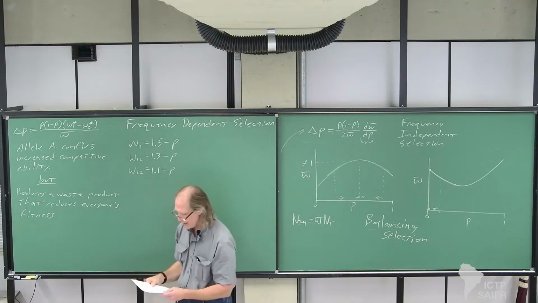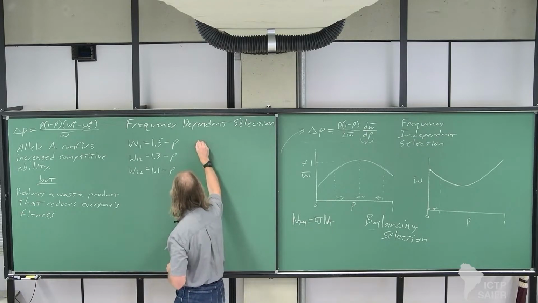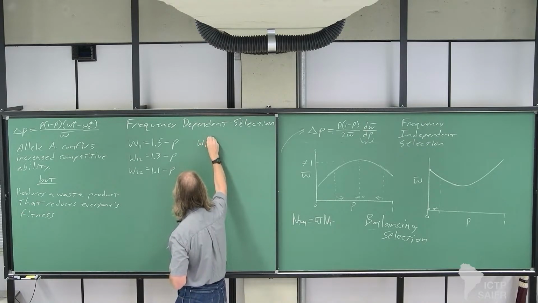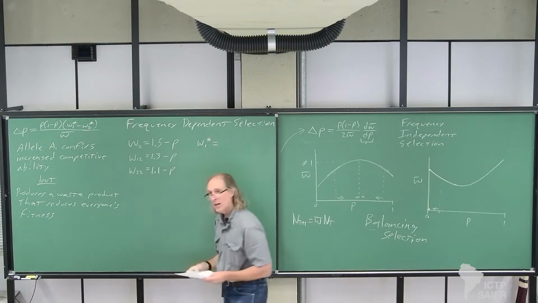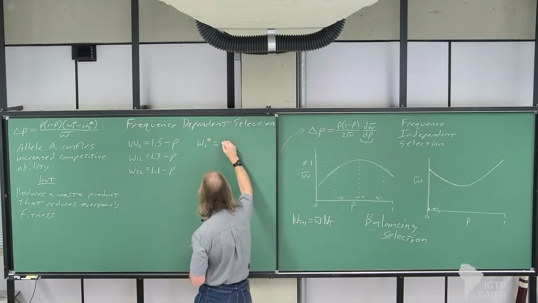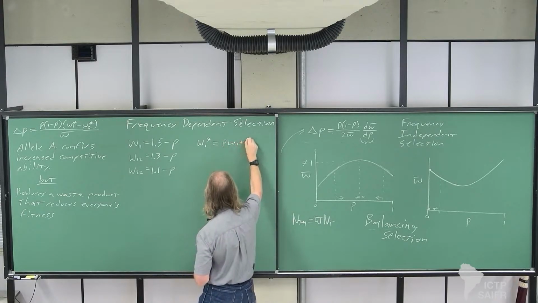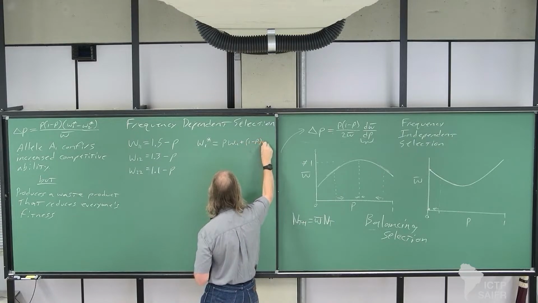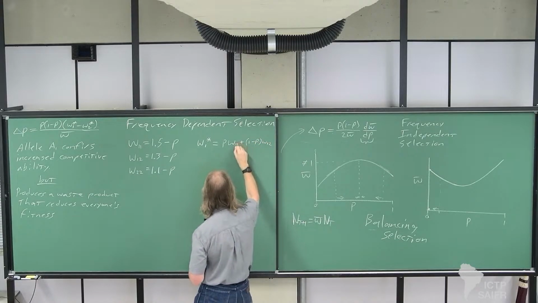You can write out an equation for W1 star, and it still is going to be P W11 plus 1 minus P W12. Okay?